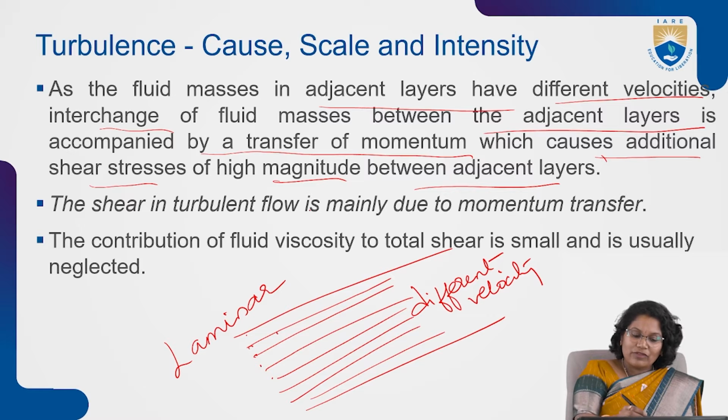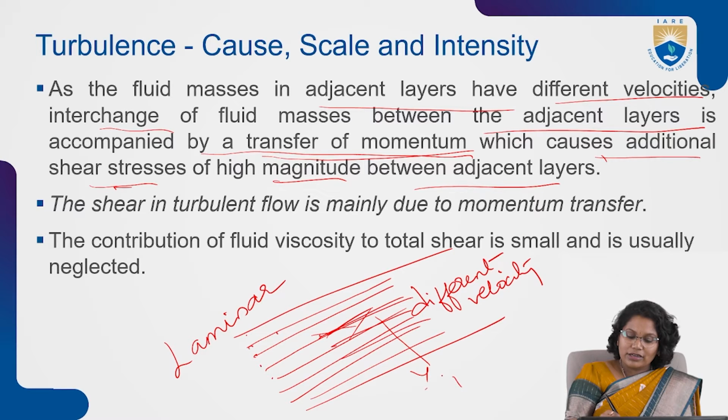Due to this, we see a transfer of momentum, which causes additional shear stress of high magnitude between the adjacent layers. Due to this, we see turbulence in a fluid flow.